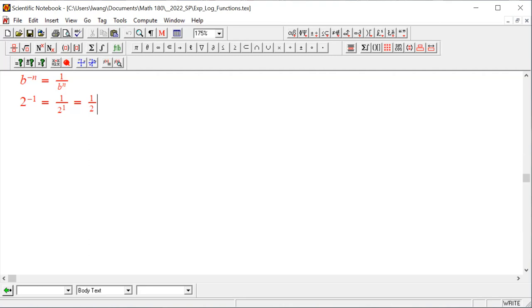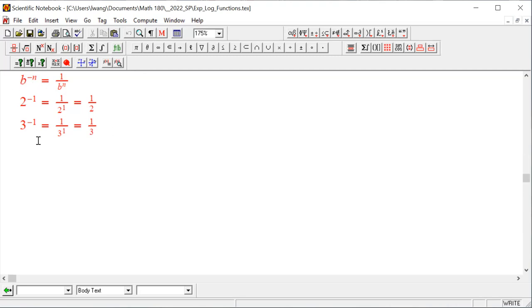So one half has another way to express it. By similar reason, what if you have b equals 3 and n equals 1? Here you go, you get 1/3. You can just keep going, right?